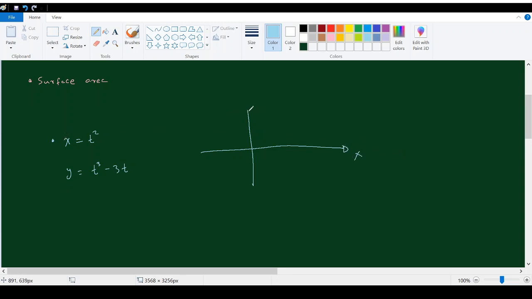If we have the coordinate system as x and y, then for this relationship there will be a certain curve. We don't know the exact shape, but let's name this C. This is the relationship between x and y which we obtained from plotting this graph.